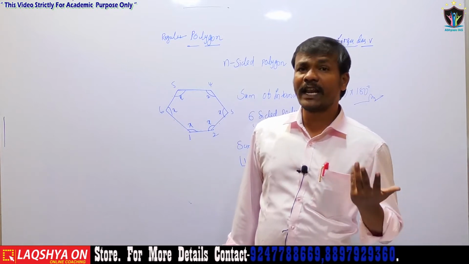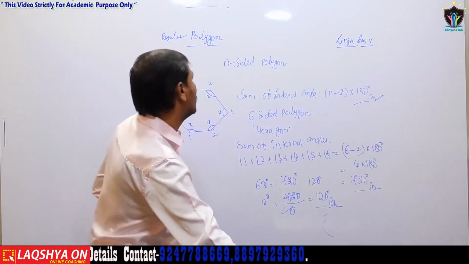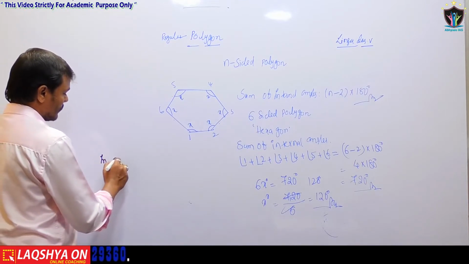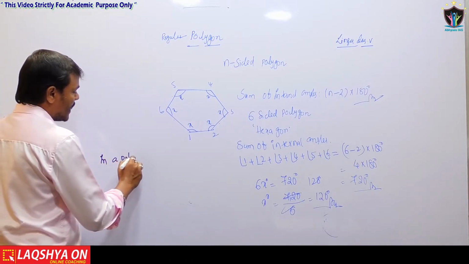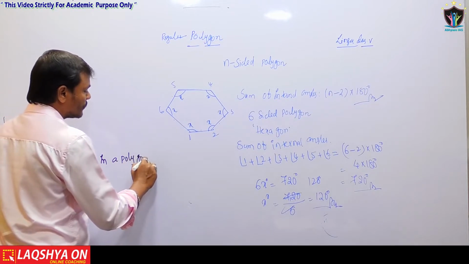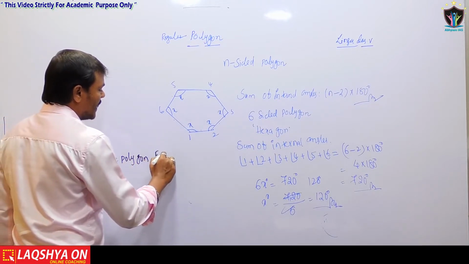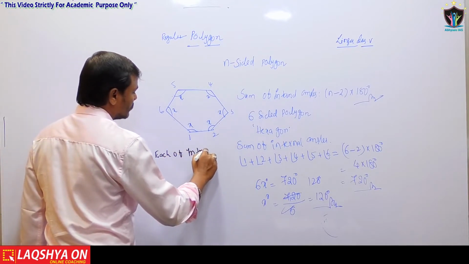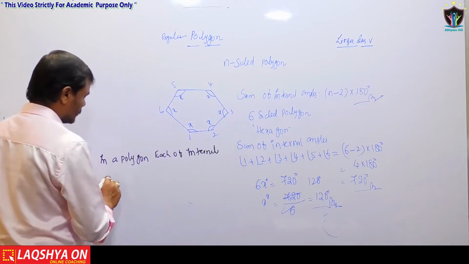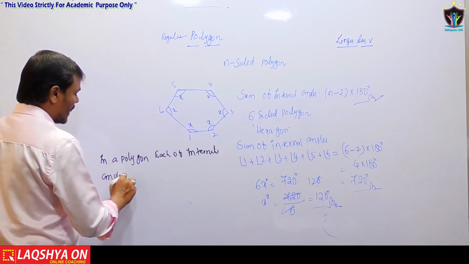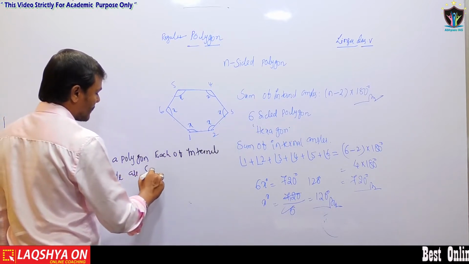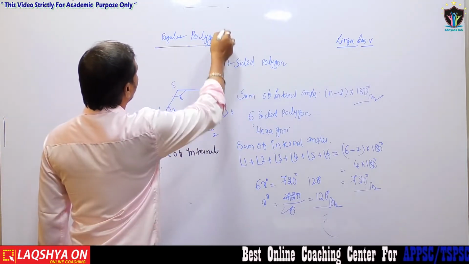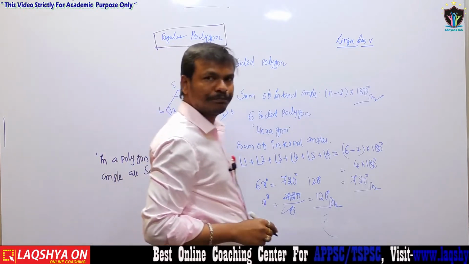So when each of the internal angles in a polygon is the same, those polygons are called regular polygons.